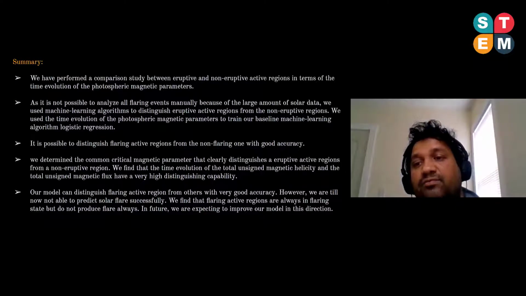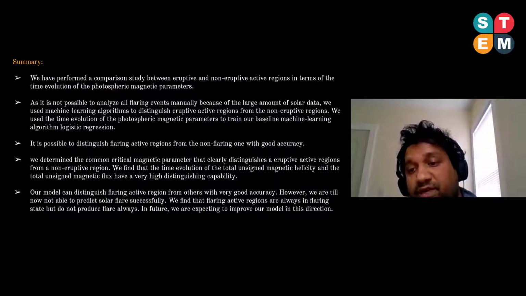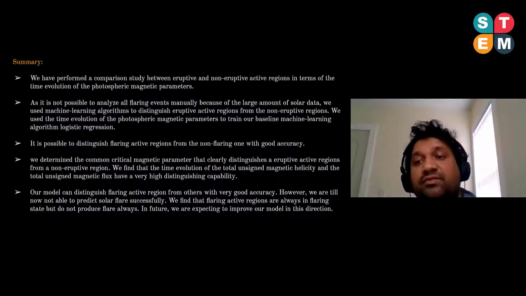But again, our model actually fails to predict a solar flare at a particular time, meaning prediction of time is another important task. So our model is not able to do that because, as I told you earlier, once the active region is in the flaring state, it's always in the flaring state. So that is our next aim.